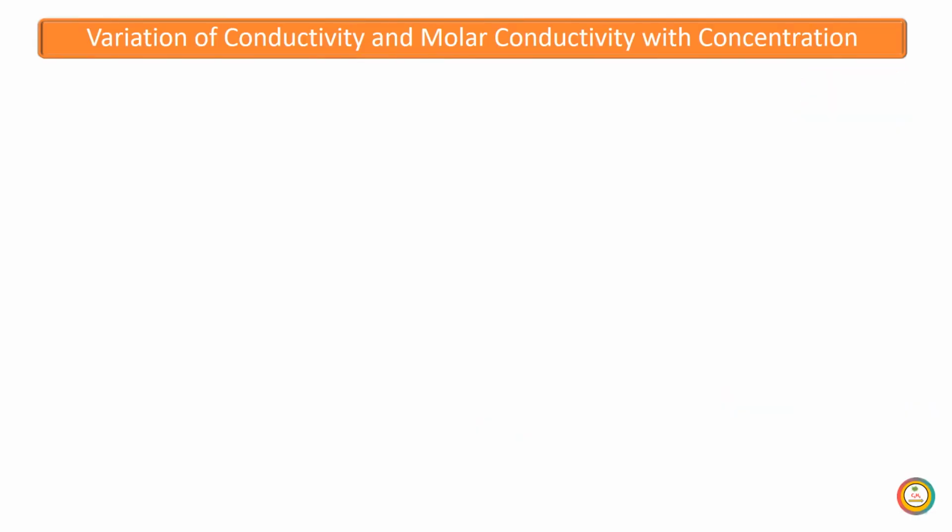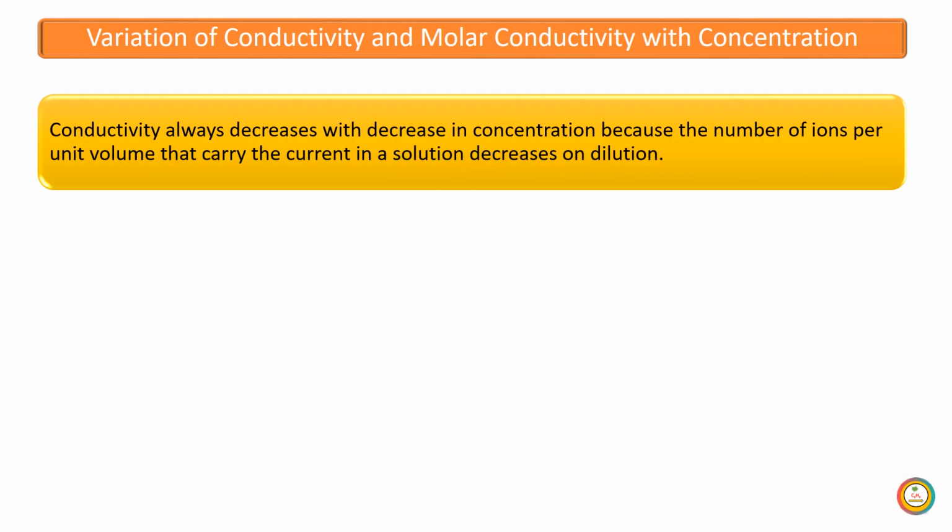Variation of conductivity and molar conductivity with concentration. We start this topic. As we know, conductivity always decreases with decrease in concentration because the number of ions in per unit volume decreases. So conductivity decreases.